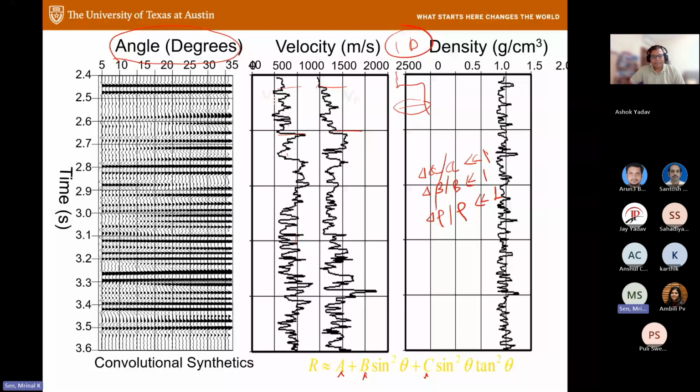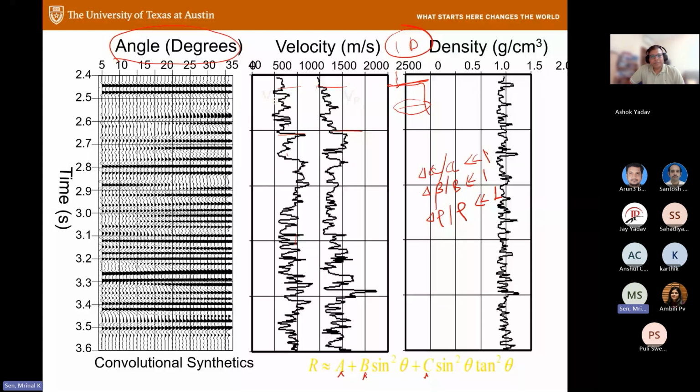Okay, so that's one other assumption. Let me add something to that particular statement. We're assuming that the layers are thick enough that the other interfaces have no effect on the reflection coefficient of this particular interface.